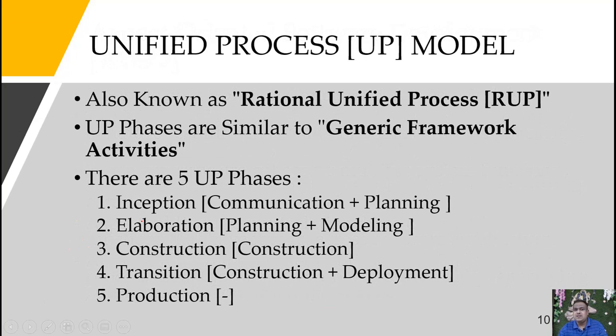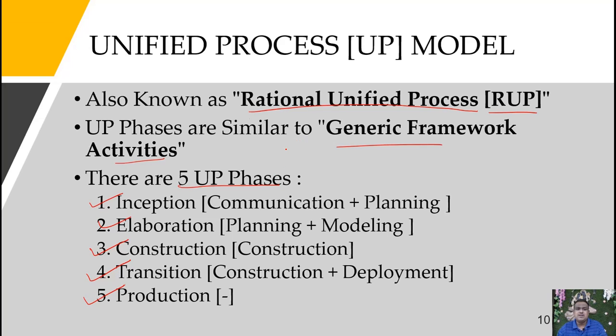The next model is the unified process model, or UP model. It is also known as the Rational Unified Process, RUP. UP phases are similar to the generic framework activities. There are five UP phases: inception, elaboration, construction, transition and production.